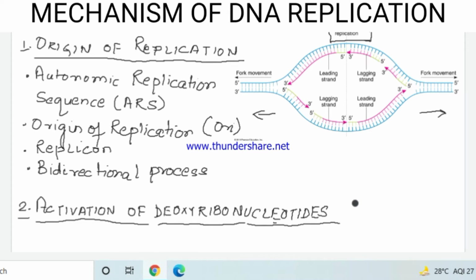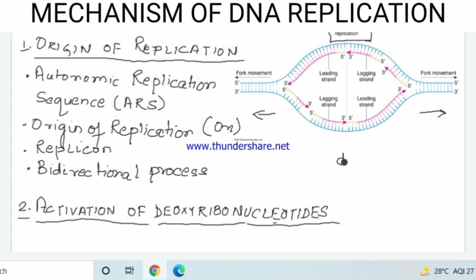So, with the help of energy, the phosphate group and the enzyme phosphorylase, the nucleotides are changed into triphosphates. What is that?